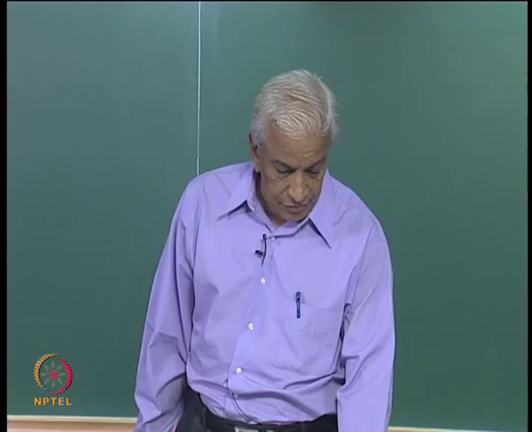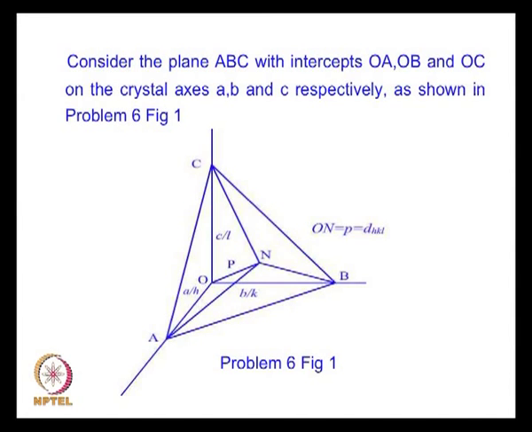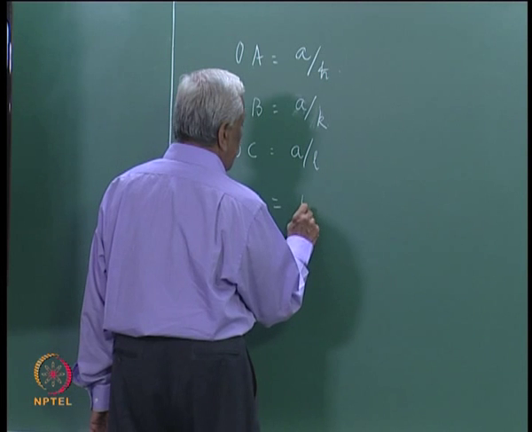Now, in the figure, let ON be the normal to the hkl plane. Let this length ON be chosen as p.